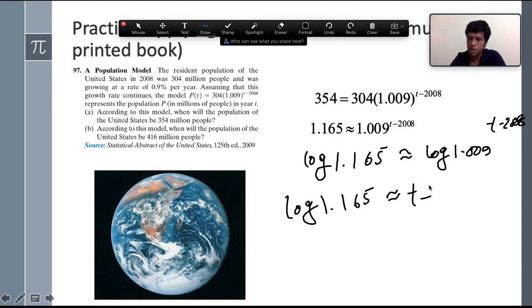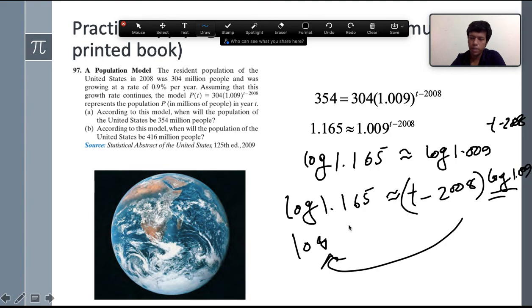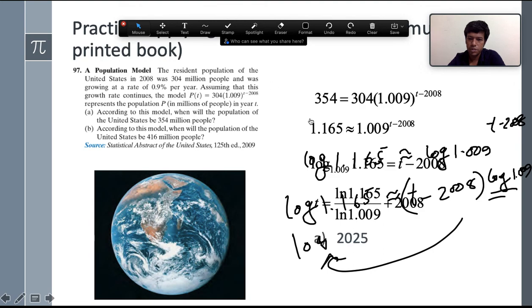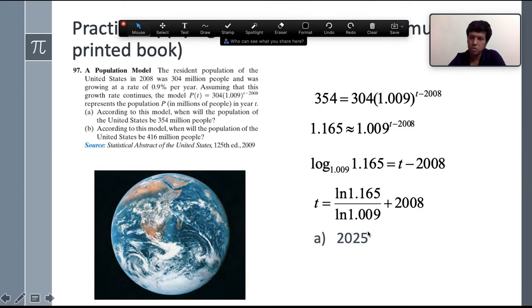That's why we are using this approximate sign here; it is a little bit approximated. Then you just bring this log to this side, so it becomes a division, and then plus 2008. This is the division you have seen. So you can take log or ln, both work.